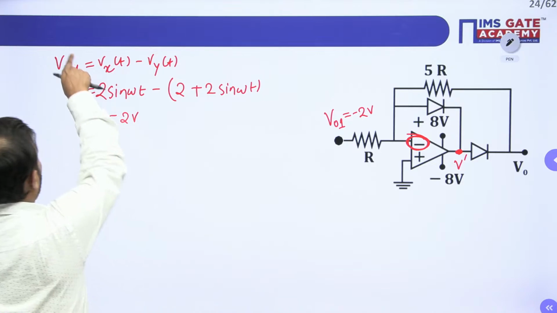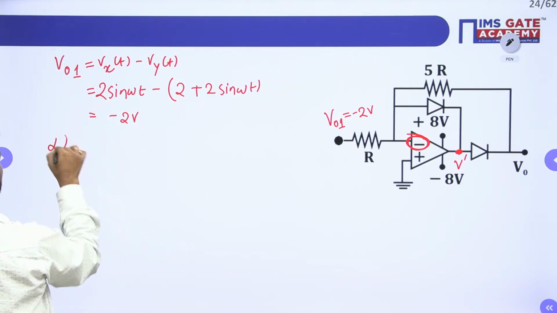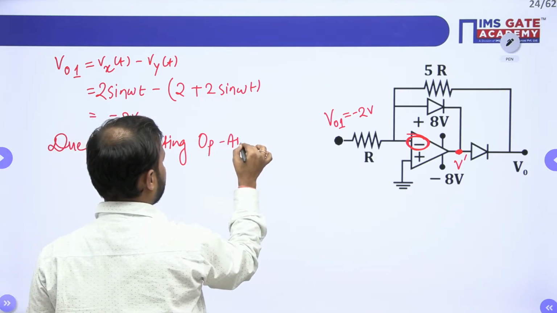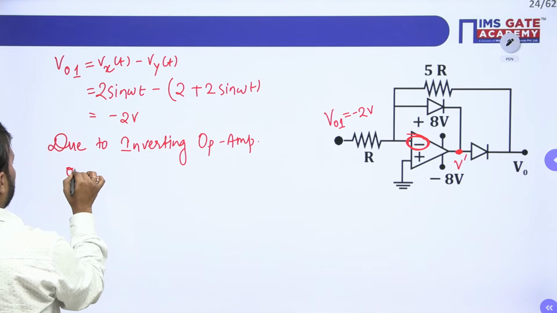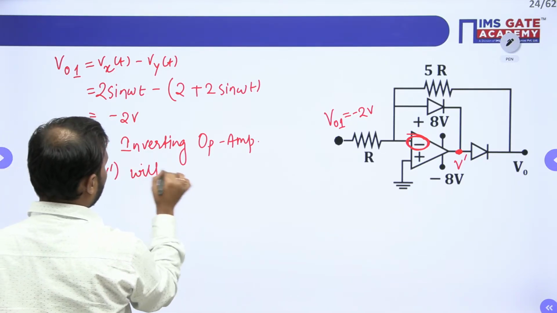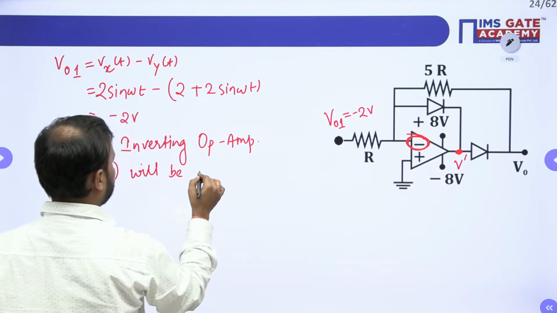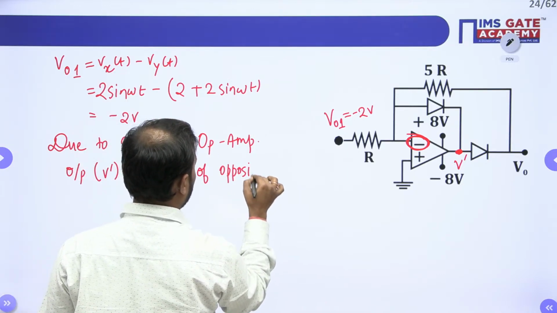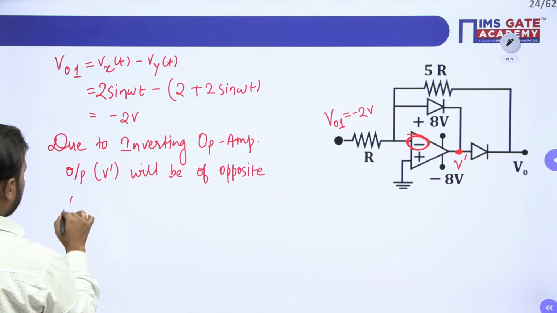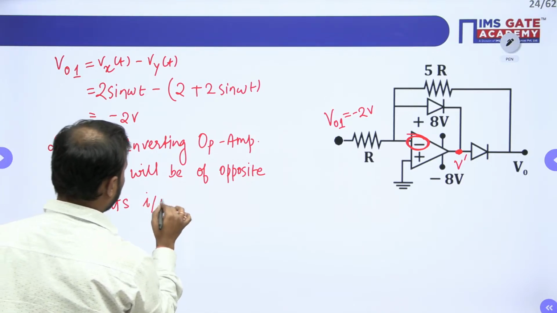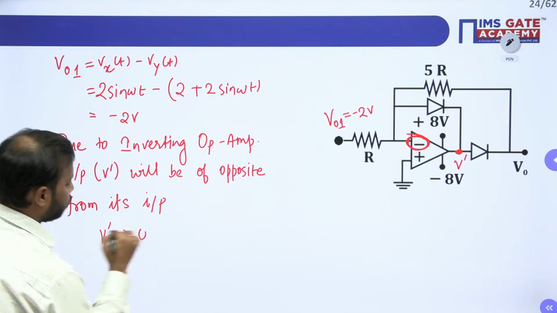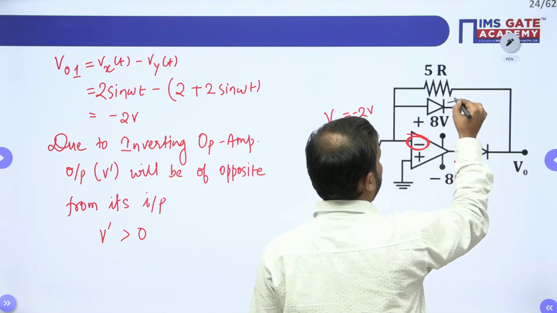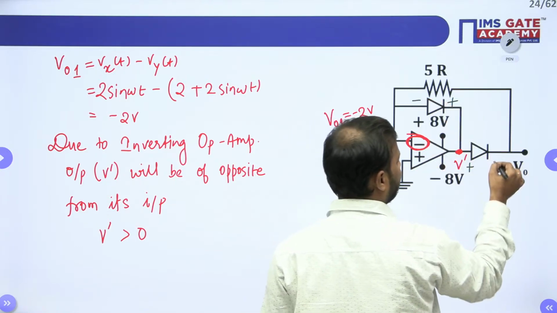So V01 is negative, and due to the inverting op amp, the output V dash will be of opposite sign from its input. This means that V dash is greater than 0. So it is positive. So V0 is positive. This means that plus will come here, plus will come here. If this is the plus, negative will come here and negative will come here.